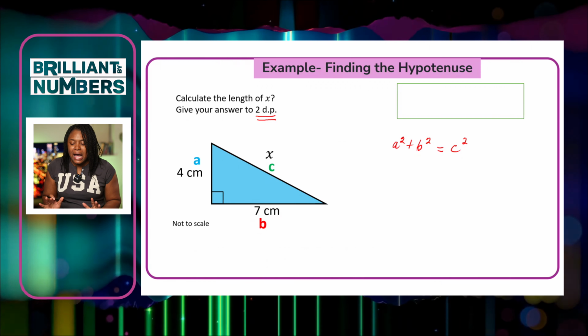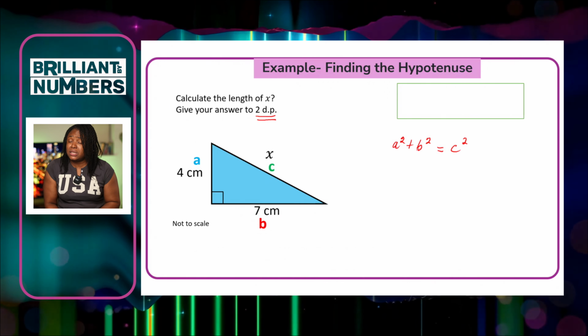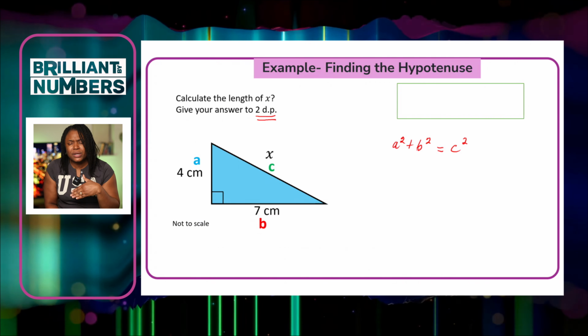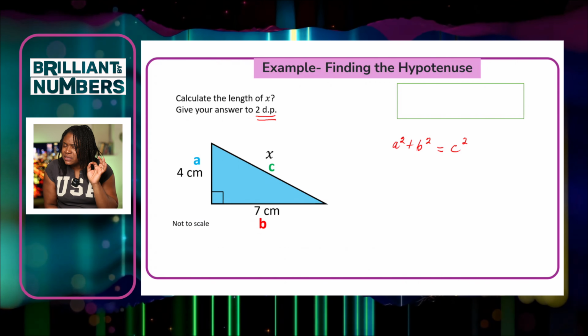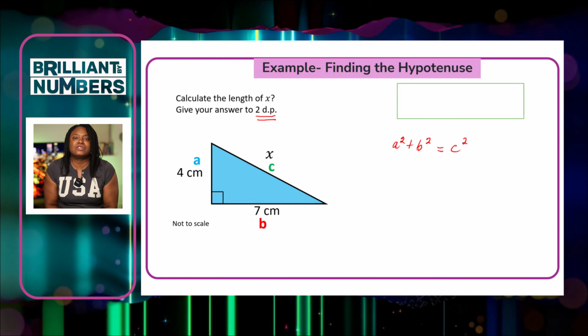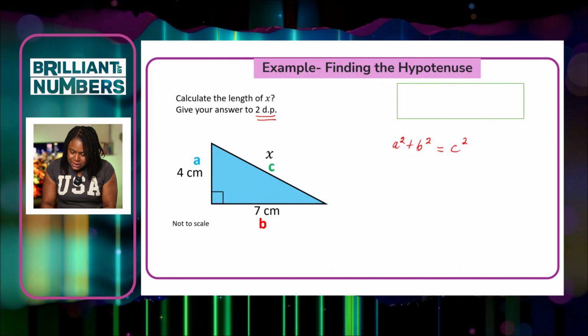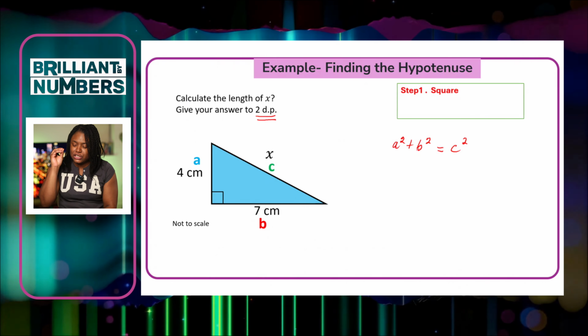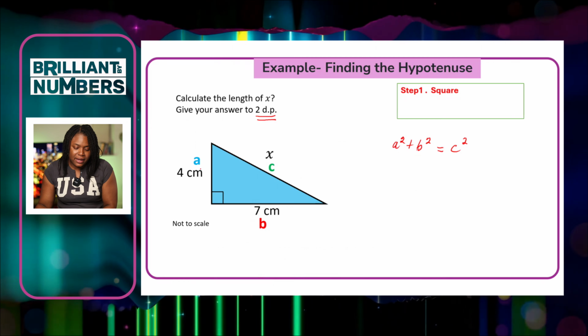Beautiful. Now we are at the part where we need to substitute and solve. But I've broken this down in 3 beautiful steps as it relates to what we need to do now that we've written our formula out. So step 1, after we substitute, we're going to need to square. So A is 4.